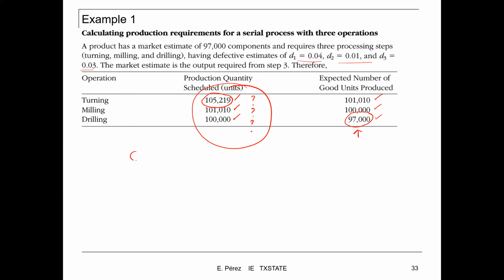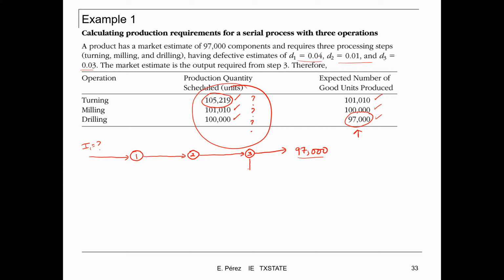As the problem describes, we have three operations, 1, 2, and 3, and we know that our desired output is 97,000. This is a serial process, so we need to know how many units we need at the beginning to obtain this 97,000.